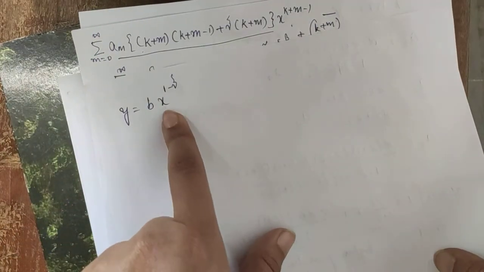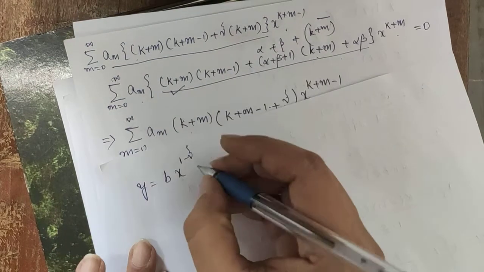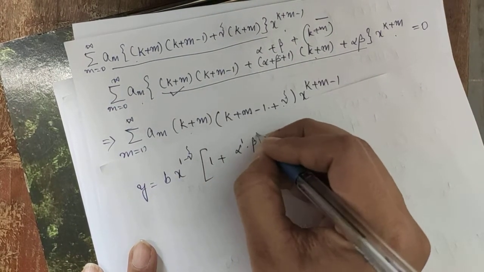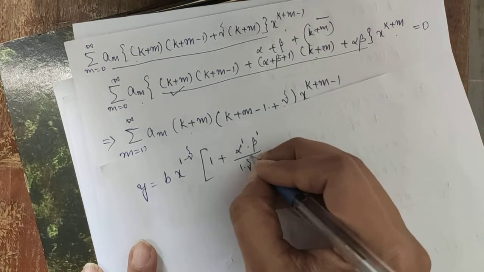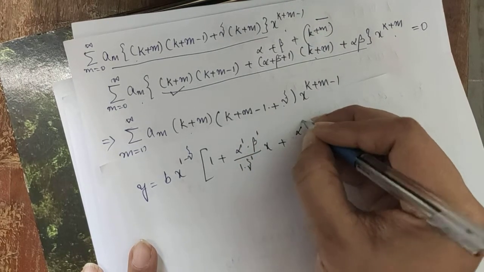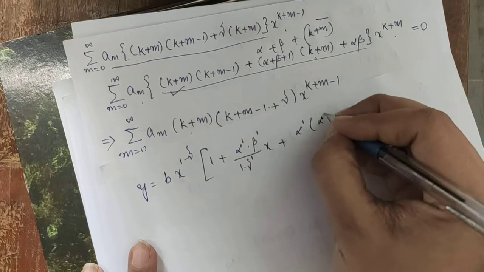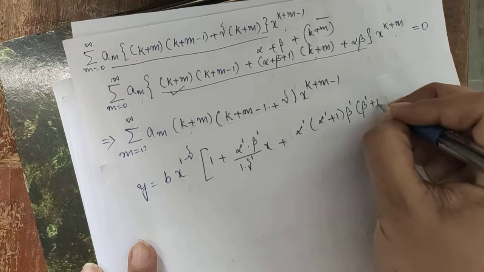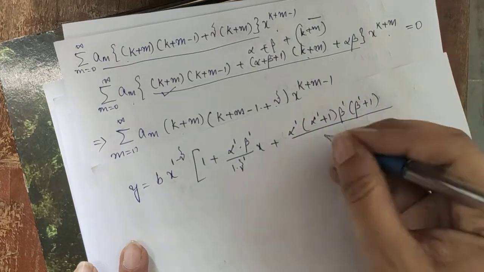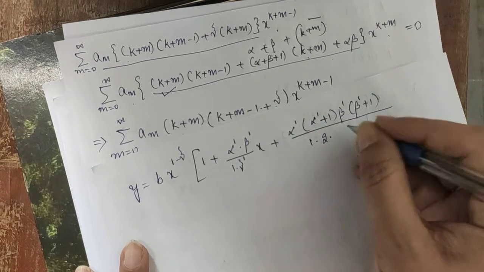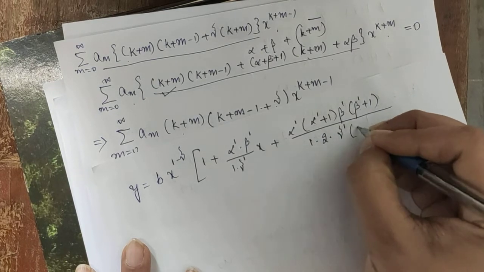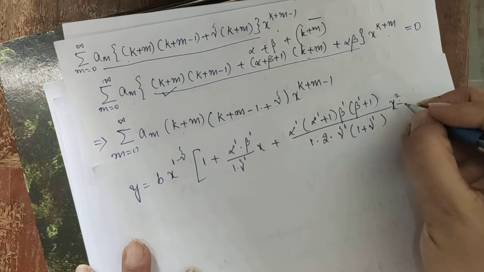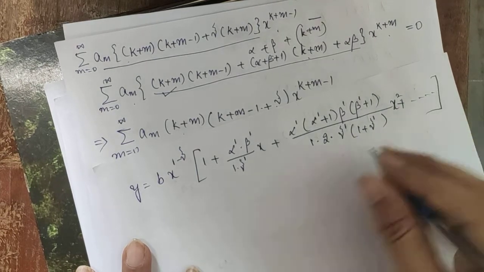So this will become x power 1 minus gamma into 1 plus alpha dash into beta dash by 1 into gamma dash into x plus alpha dash into (alpha dash plus 1) into (beta dash plus 1), whole divided by 1 into 2 into gamma dash into (1 plus gamma dash), into x square plus so on.